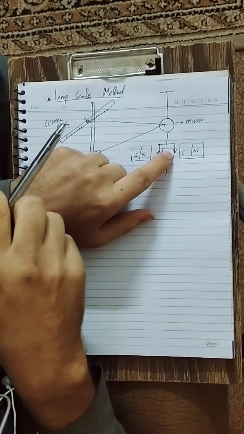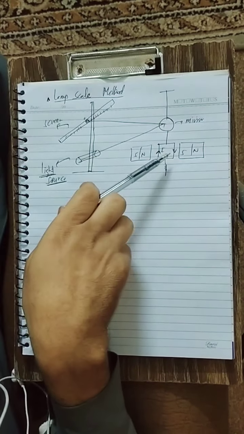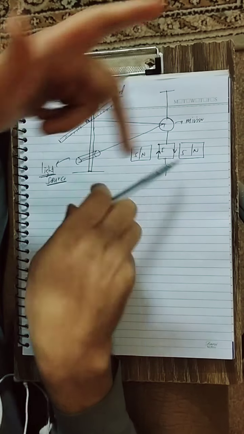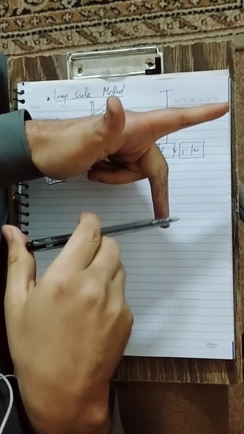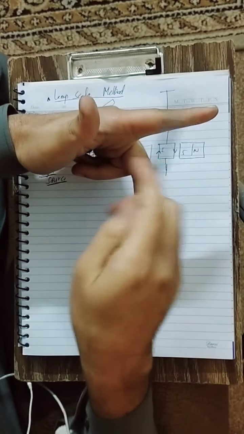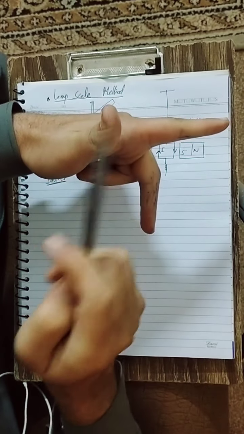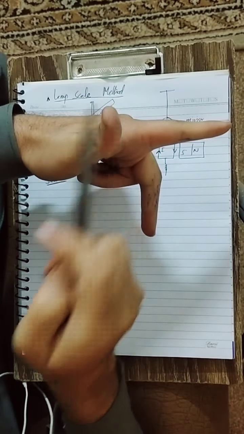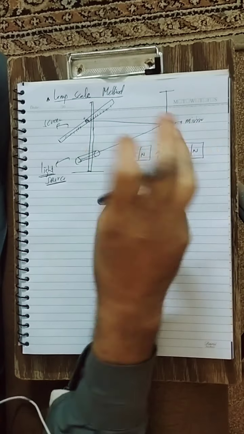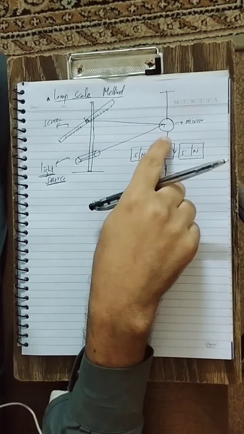And look at this current. This current is acting downward, so the middle finger should point down, and the first finger towards the right. The thumb is vertically up. So at this end the magnetic force is out of the page, and at this end the magnetic force is into the page, so the coil will be rotated. If the coil is rotated, the mirror will be rotated.